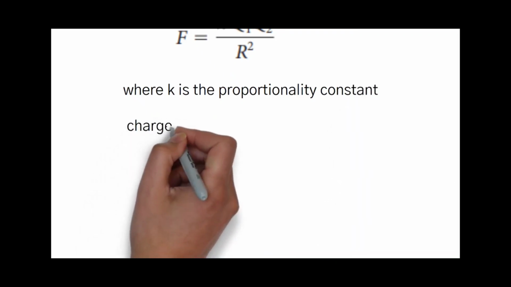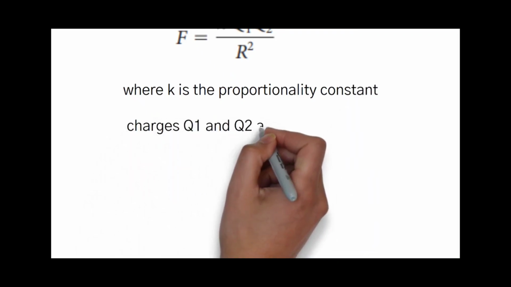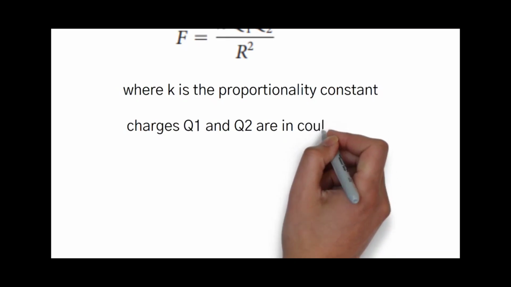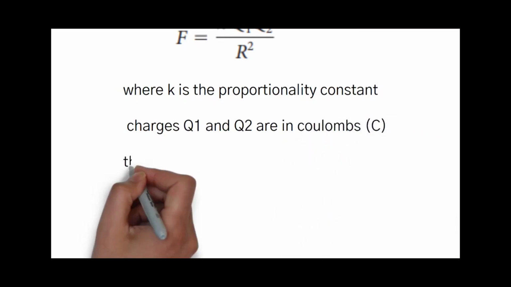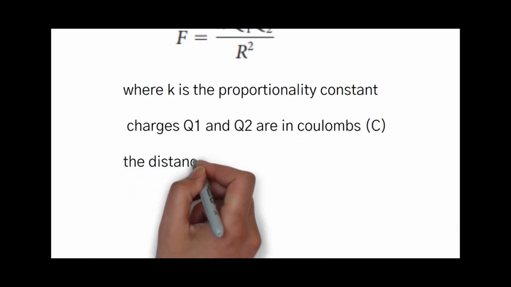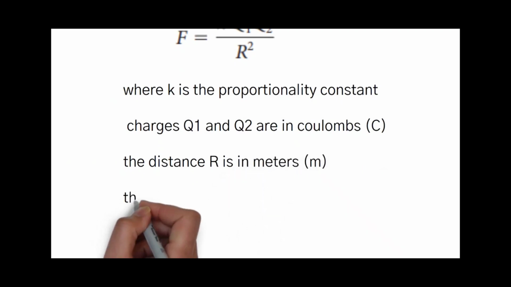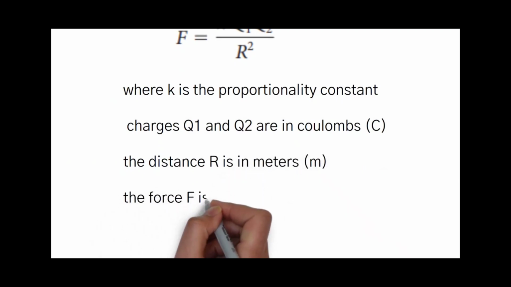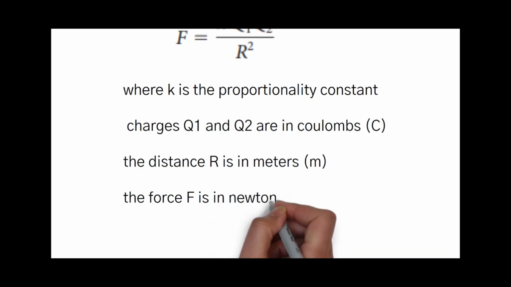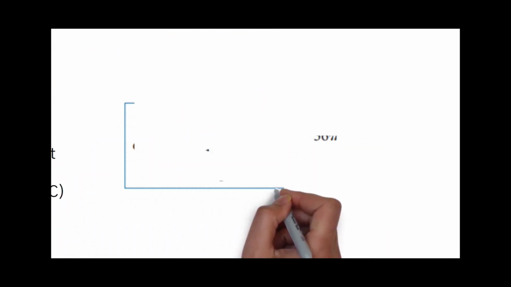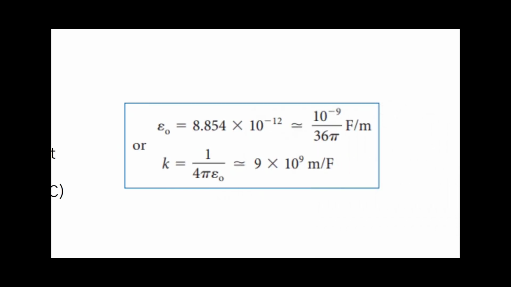The unit of the charges q1 and q2 is Coulomb, the distance is in meter, and the force between these two charges will be in Newton. The k, which is a proportionality constant, has a value equal to 1 upon 4 pi epsilon naught, and the value of 1 upon 4 pi epsilon naught is 9 into 10 raised to power 9 meter per farad.